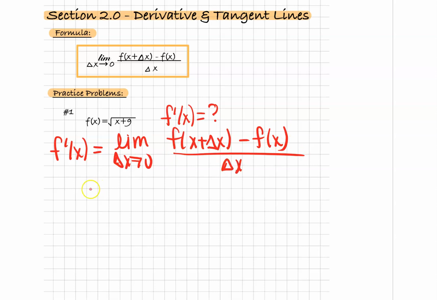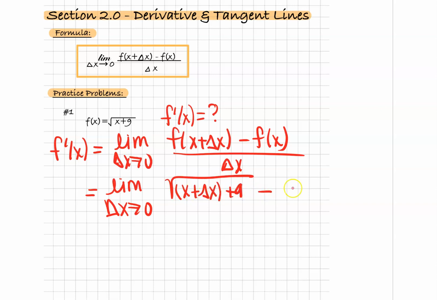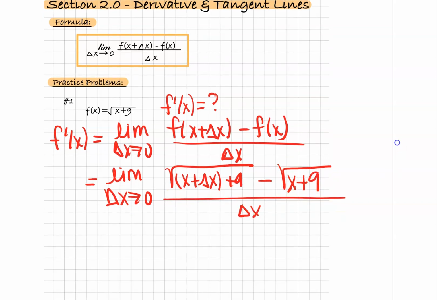See, didn't mess it up there. I'm going to plug it in, so that gives me the limit as delta x goes to 0 of square root of x plus delta x plus 9 minus the square root of x plus 9 all over delta x.